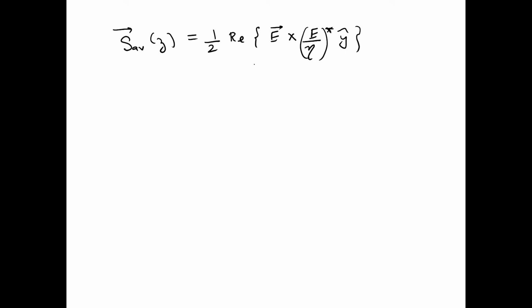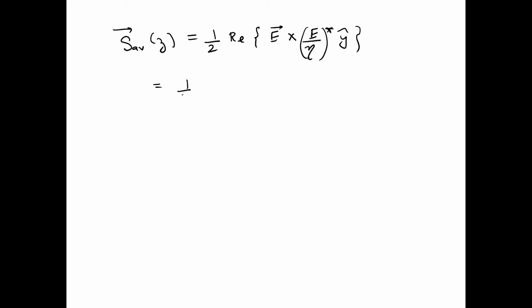Let's quickly do one more equation. Our S average in Z is half of real of E cross H star, but the H star magnitude we know is magnitude of E by eta. So I have half of real of E cross (E by eta) complex conjugate. If E is in the X direction, this would be in the Y direction.